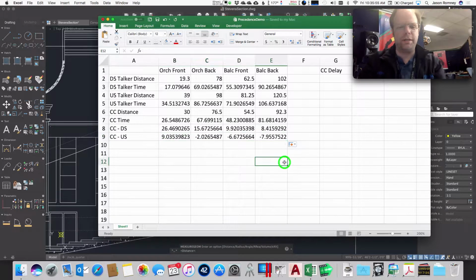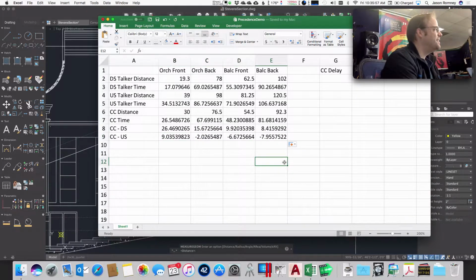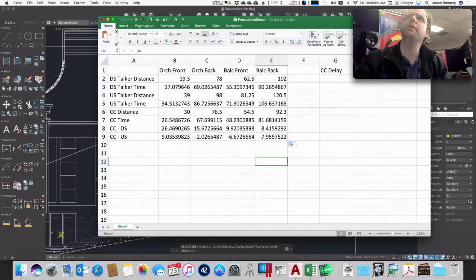Okay, I'm in trouble again. You see that? What could I do to get myself out of trouble? In this case, the center cluster is now coming 8 milliseconds before the upstage talker, so I need to add more delay to my center cluster.